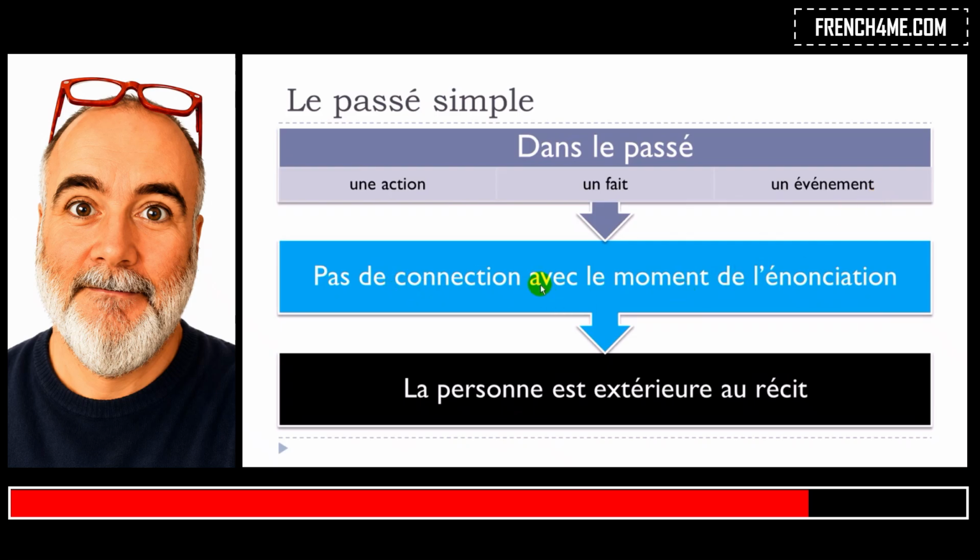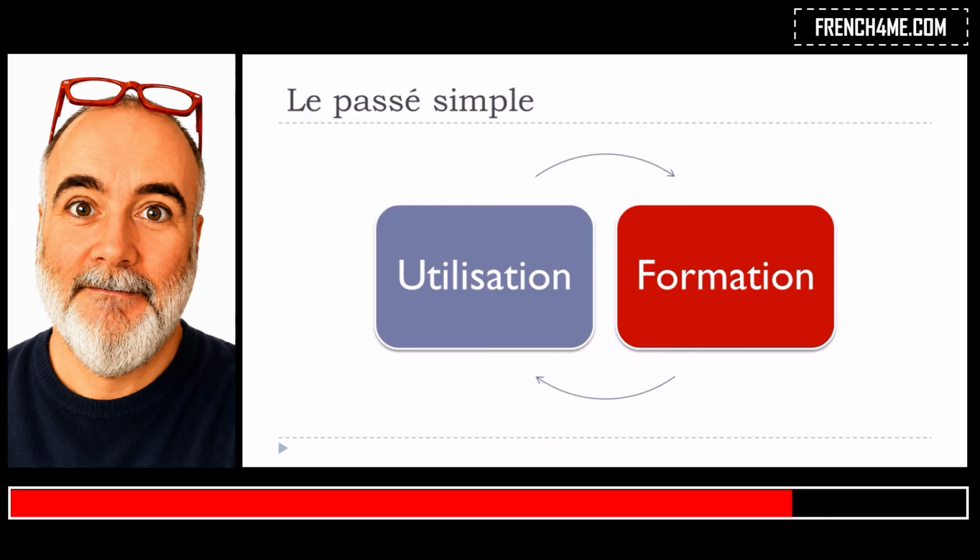Okay, there is no connection with the time when the person is telling this past form. Okay, and the person who is actually telling this past form is somehow exterior to the story. Okay, so this is now how we will construct la formation du passé simple.